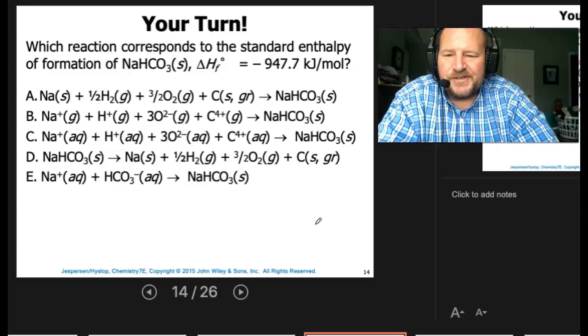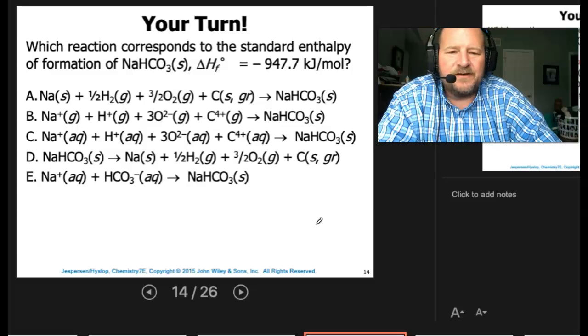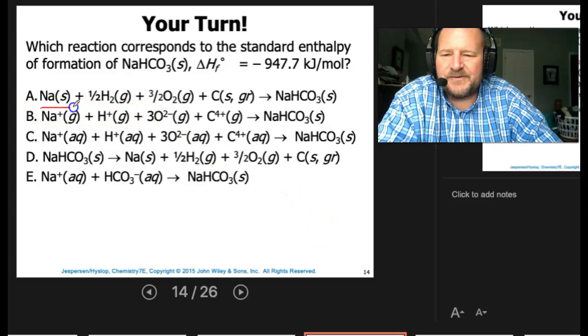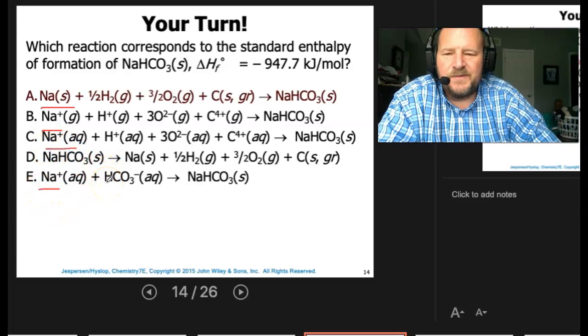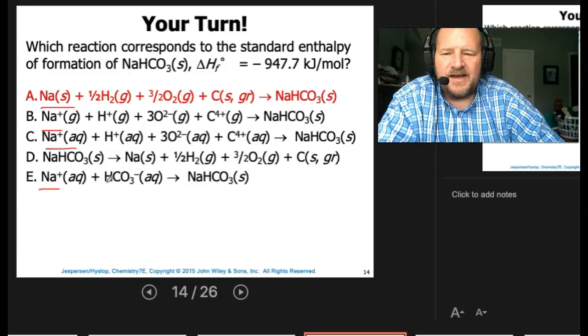We don't want any charges, all right? We want the elemental components when we're looking at enthalpies of formation. So as an elemental component, we get sodium solid, not as an ion, which pretty much made this pretty easy because right there A is the only possible answer.